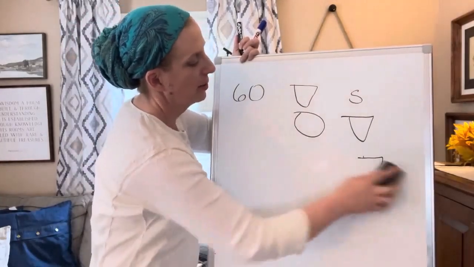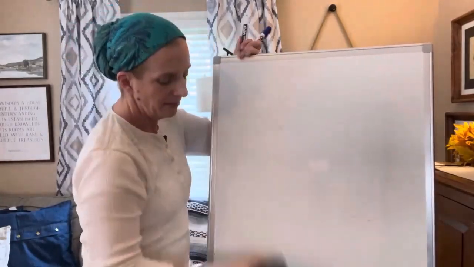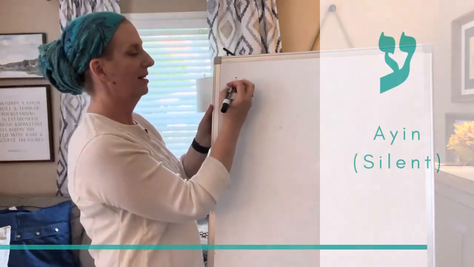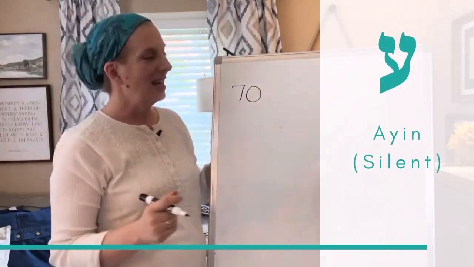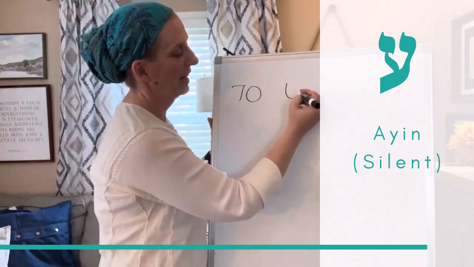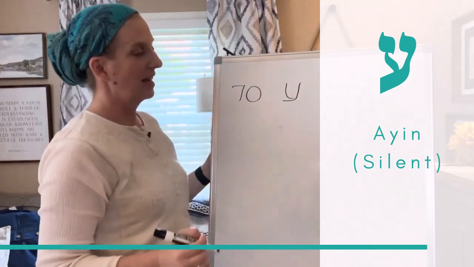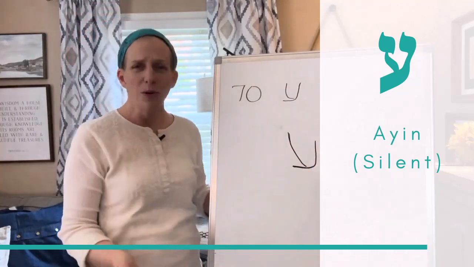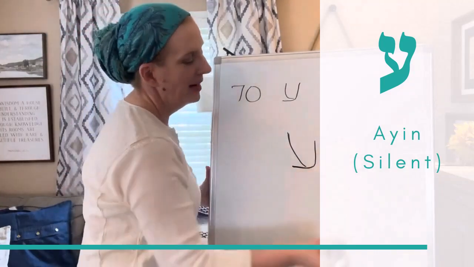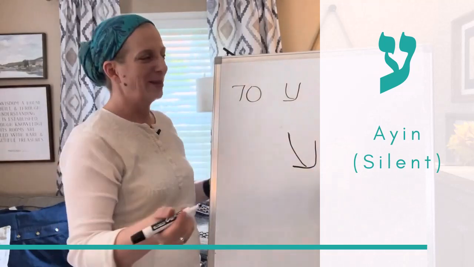Okay, the next letter we're going to do is the number 70. And this one is fun. This one is an ayin, and it's going to be like this, kind of like so. So if I were making it here, it's almost like a Y. But here, let me show you a little bit as to what the pictograph means.